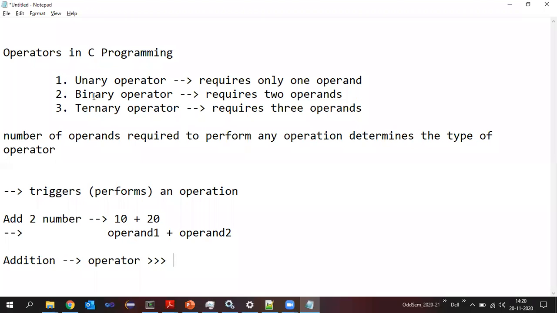Does it belong to unary, binary, or ternary? Addition is one type of operation, right? Now, can you tell me which category it belongs to? Binary. It belongs to binary, right? Why binary? Because addition requires how many operands? It requires two. So two operands means it is binary.